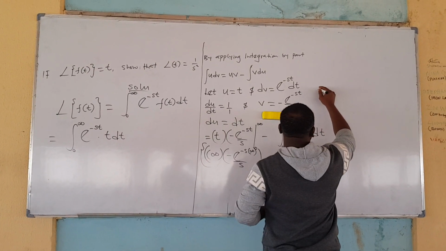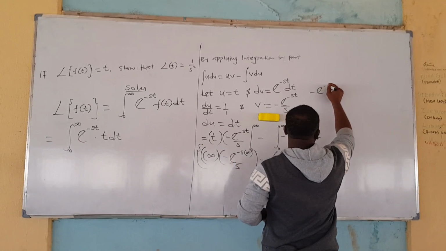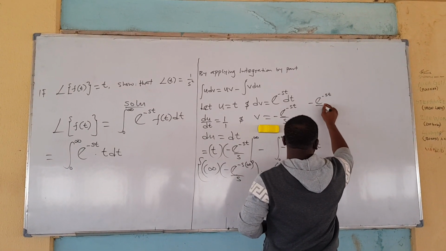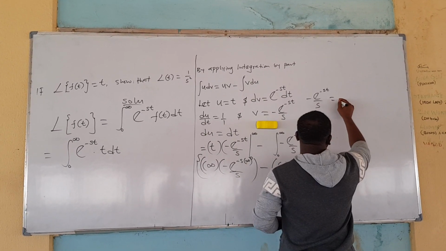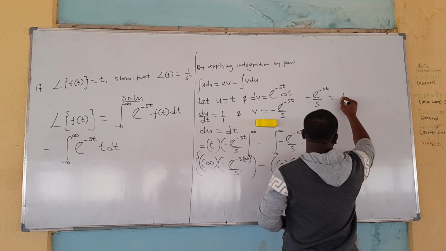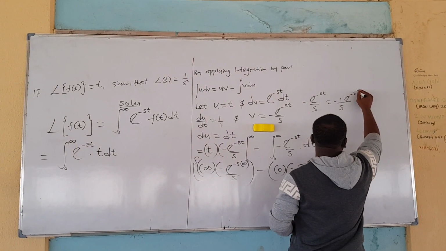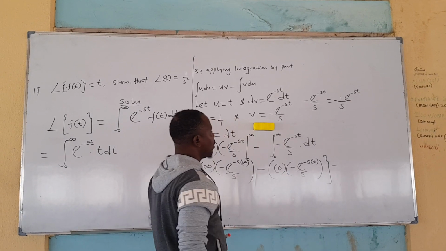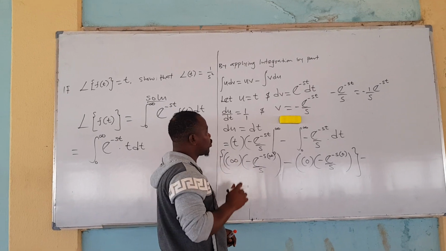Note that minus exponential minus st all over s is the same thing as minus 1 all over s exponential minus st. If you agree with me, we are going to do one thing.